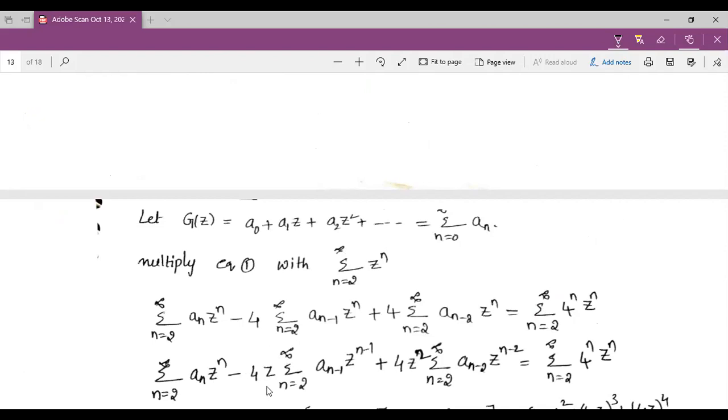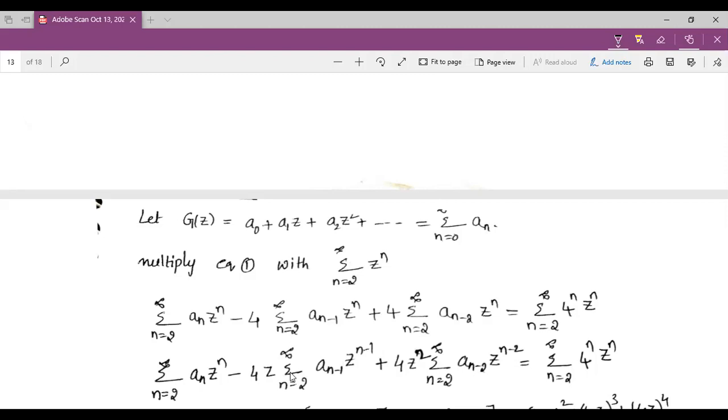In the second step, in every problem, we equalize these subscripts. So in this term we multiply and divide with z, and in this term we multiply and divide with z square, to equalize the subscripts of a and z.